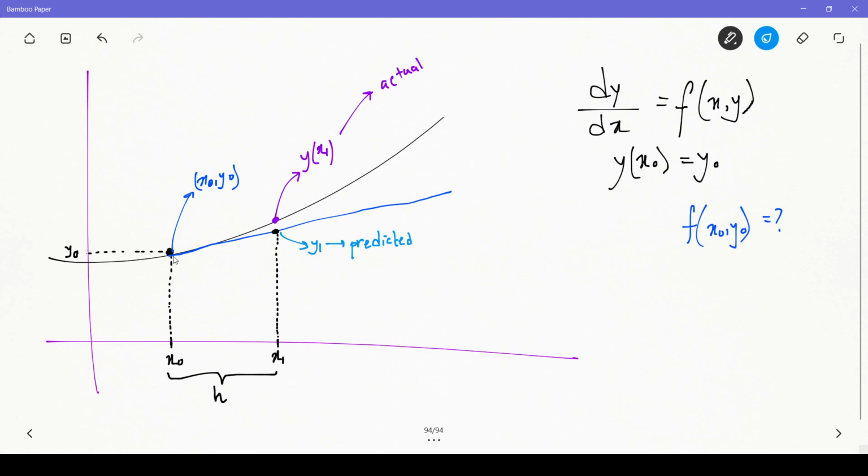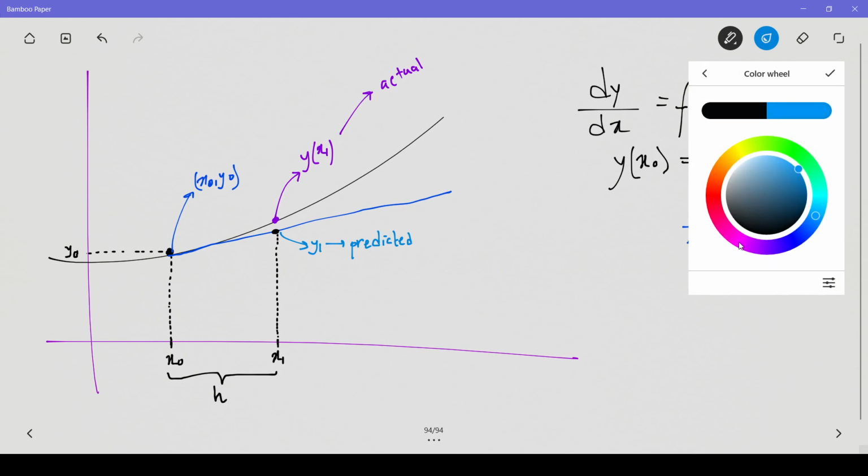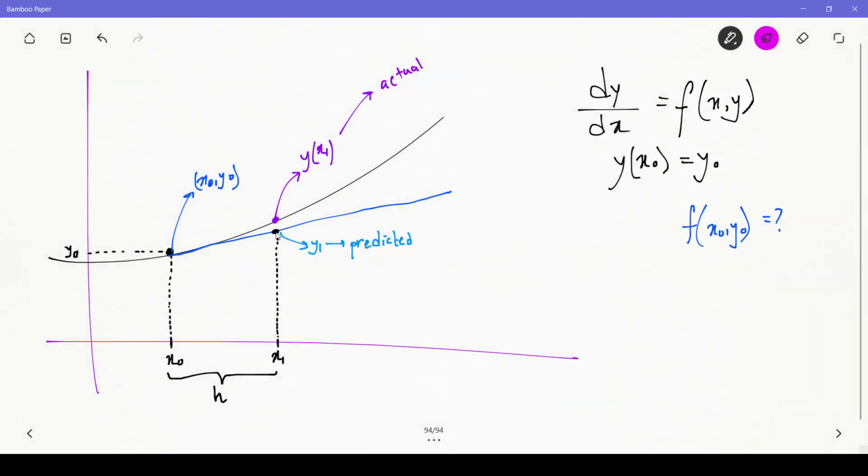So now that we saw how we can approximate the value of y at a particular point x1, which is h units ahead of our initial point, we can iteratively perform these same two steps, right? So at this point, I know the value of my bivariate function, which is f of x1 comma y1, right?